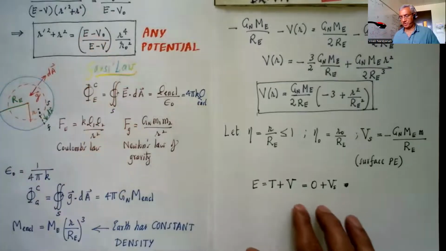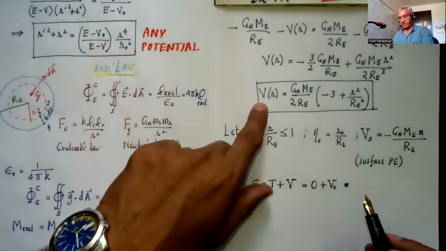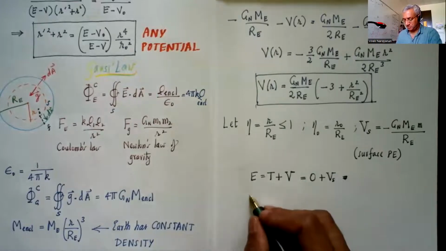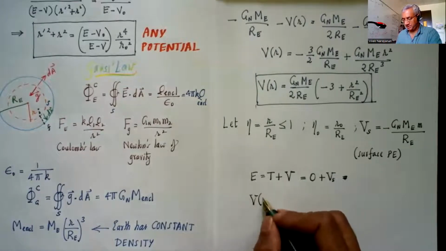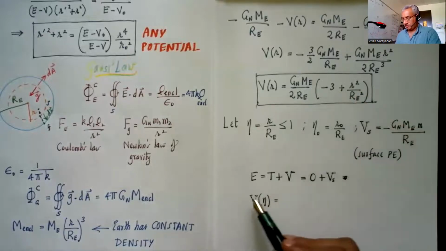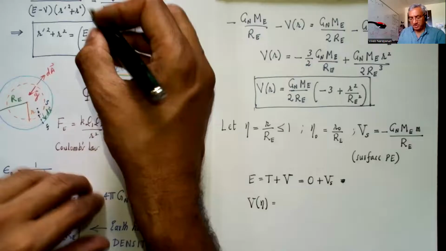We can use this equation. So first of all, I'm going to write this boxed equation in terms of eta. So V of eta, it's going to be this V with the marks.